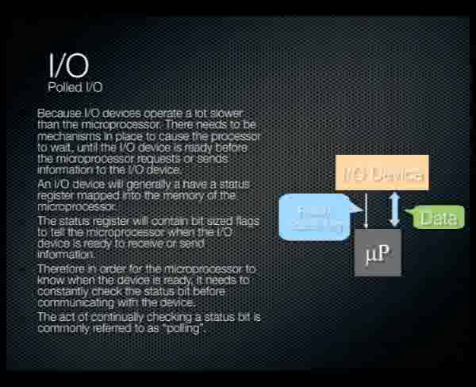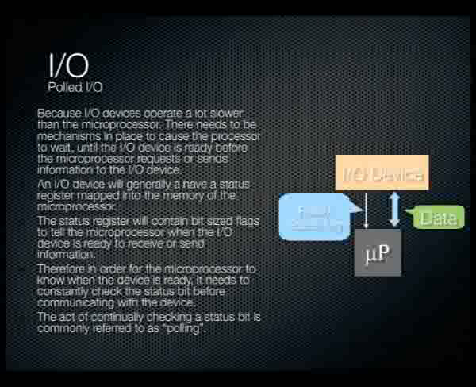Okay, so basically we have a status bit from that device, so we might send a device a particular piece of data, and that device may in fact have a series of status bits that we can then poll to see if it's ready for the next bit of data. So that's why we call it polled I/O, because the device makes available to us a status bit that we can then check to see if it's ready for the next piece of data.